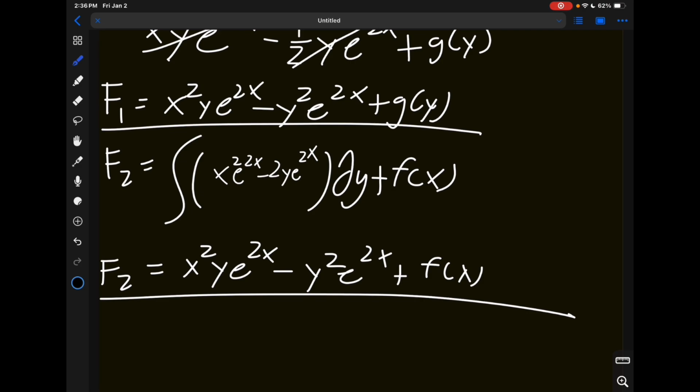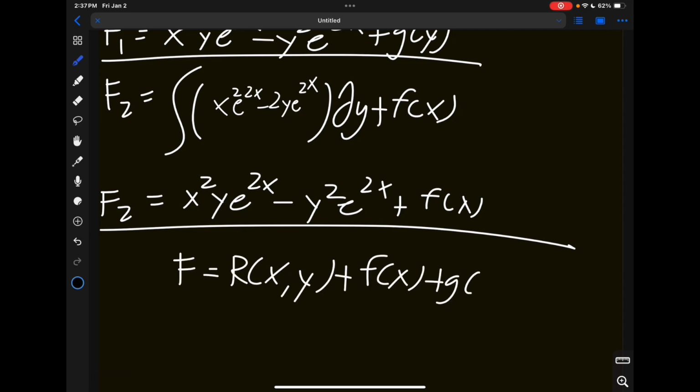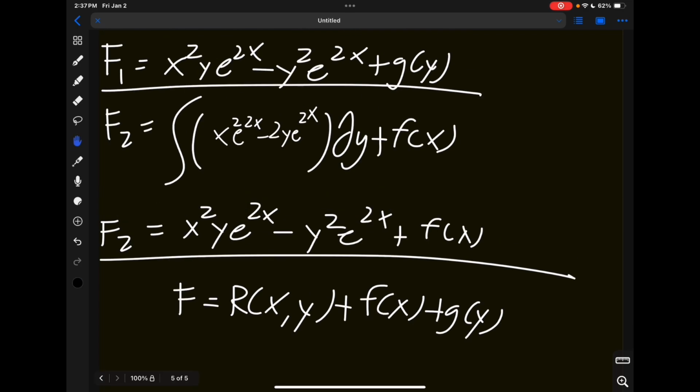After solving for the f sub 1 and f sub 2, we proceed to the result of exactness, or the general solution, which is f equals R in terms of x and y plus f of x plus g of y. So f is actually a constant c, and the meaning of R in terms of x and y is that we plug in the same terms, meaning the same terms in both f1 and f2.